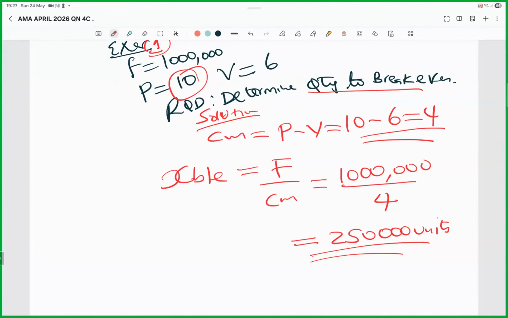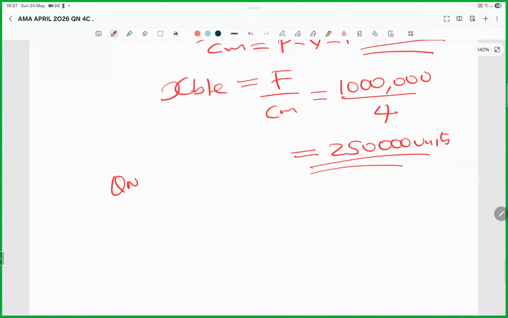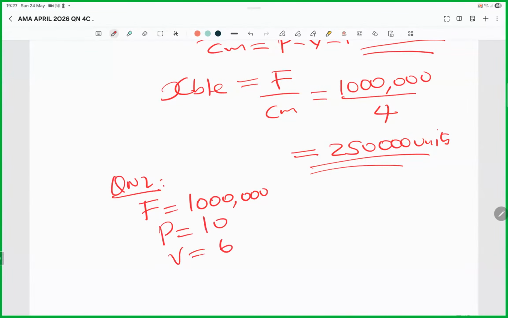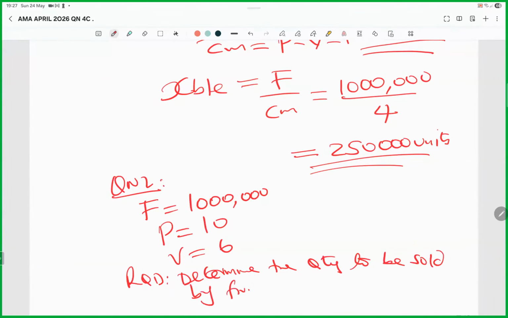Thank you so much. So then question number two. Now they have given you fixed cost is 1 million. They have given you price is still 10. Crazy people that are repeating questions. But now they'll come here and tell you required: determine the quantity to be sold by the farm in order to earn a profit of Kenya shillings 800,000.